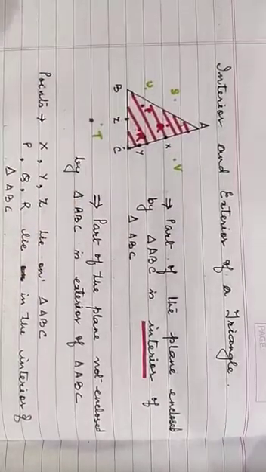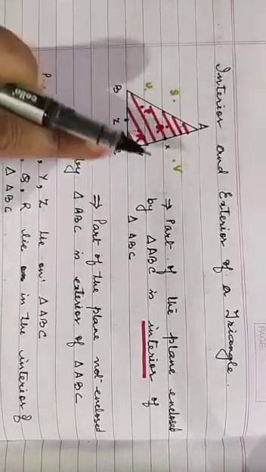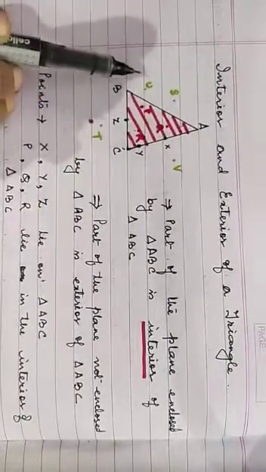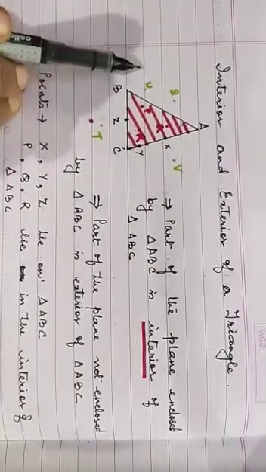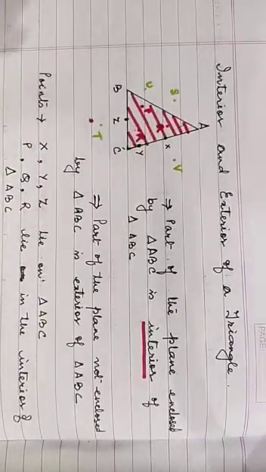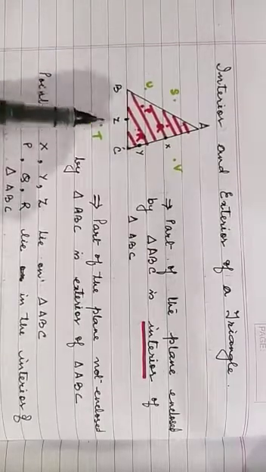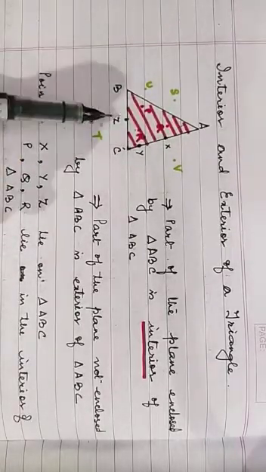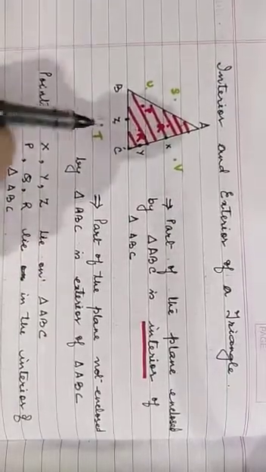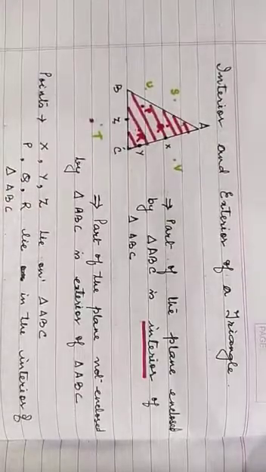Then what is the part of the plane that is not enclosed, or which is outside the triangle ABC? That is the exterior of the triangle ABC, whatever name the triangle has.